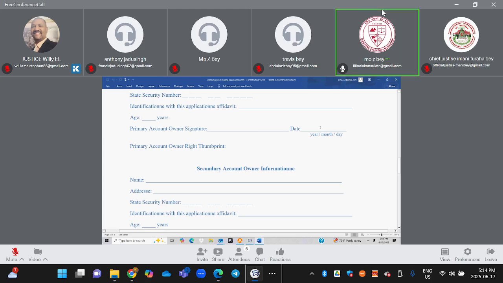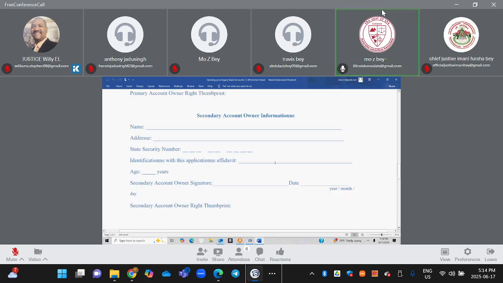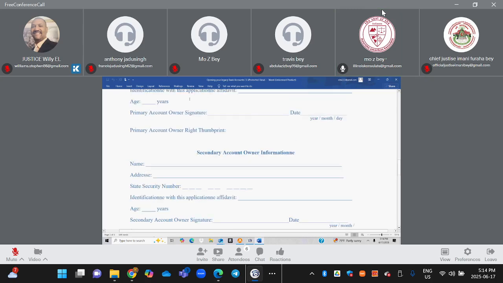Date would be here: year, month, and day. As well as you see, your signature will go here. Your primary account owner right thumbprint in red ink would go here.